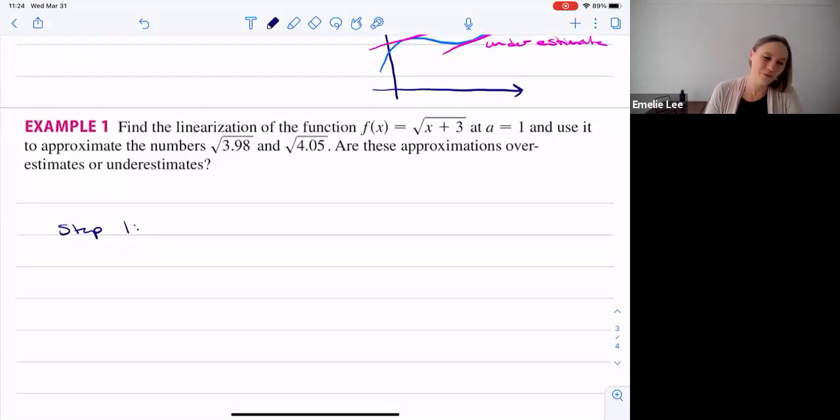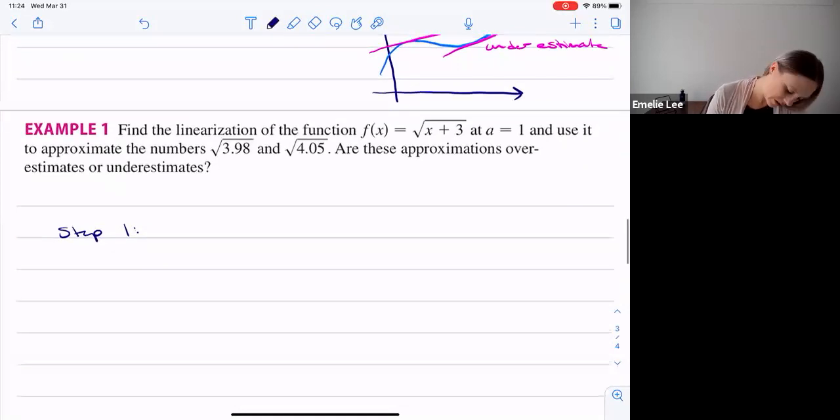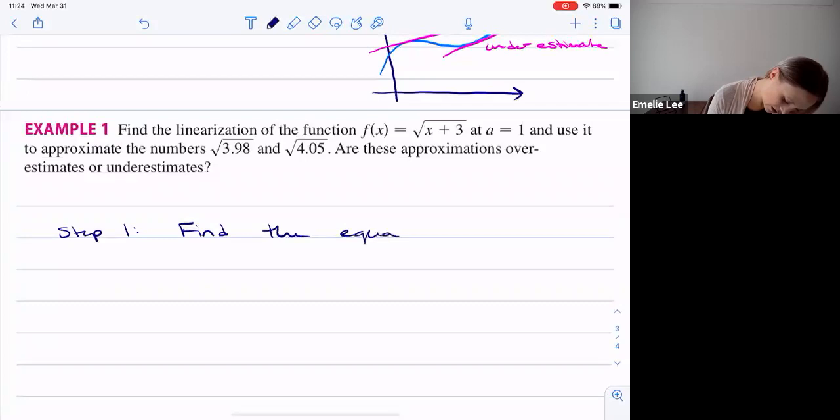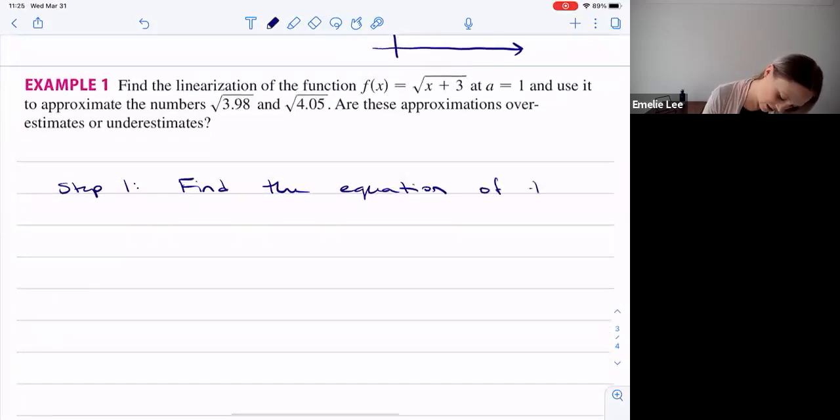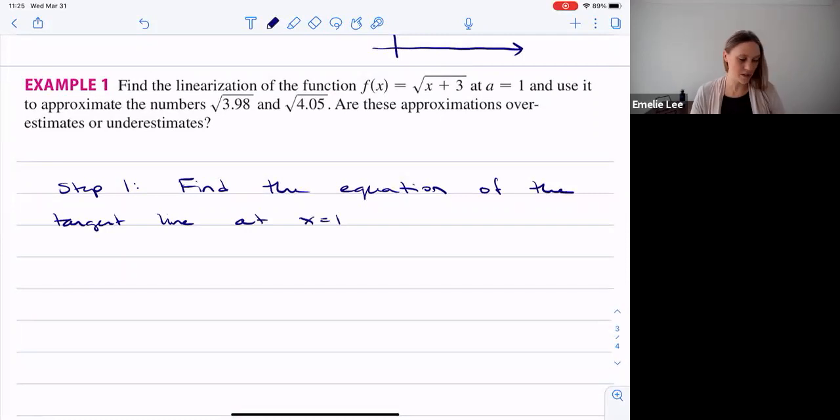Anyways, first we're going to find the equation of the tangent line at x equals 1. I feel like that can be broken up into multiple steps, right? Find the derivative, that's the slope, and then generate the line, but here we go. So find the equation of the tangent line at x equals 1. So far so good, right?